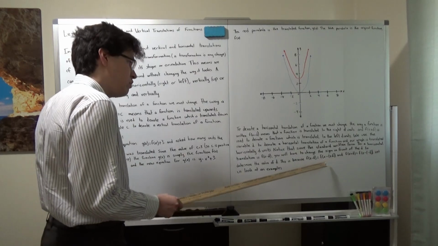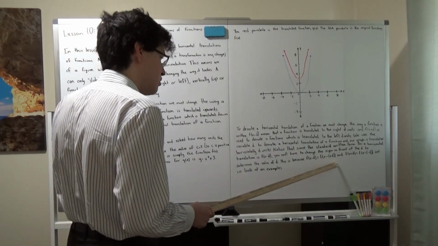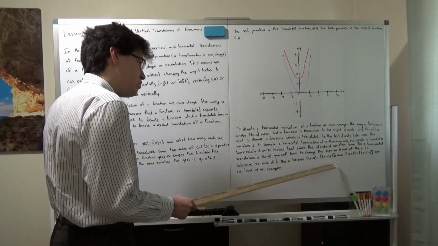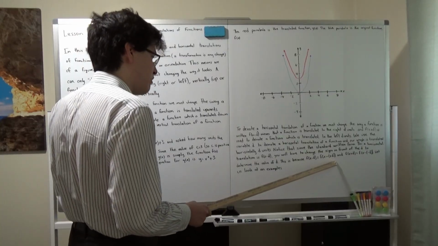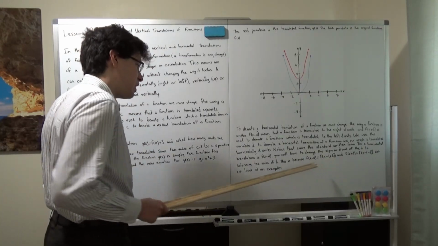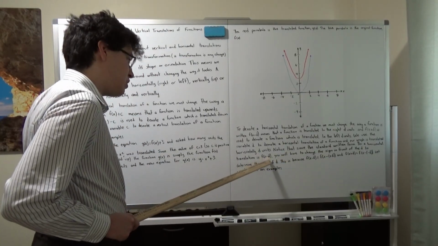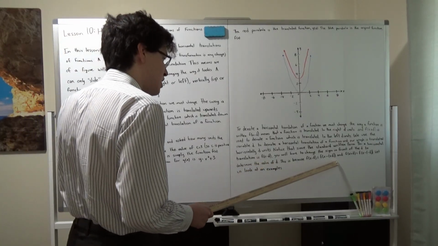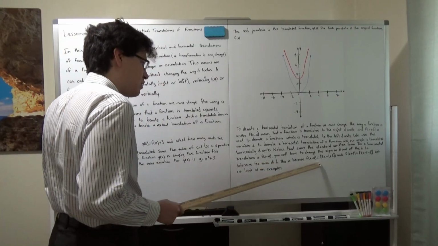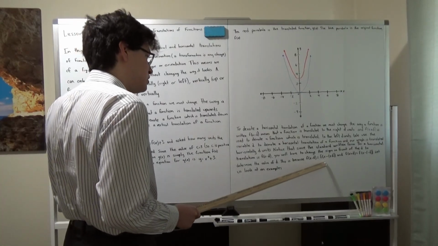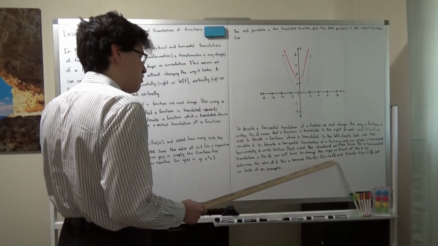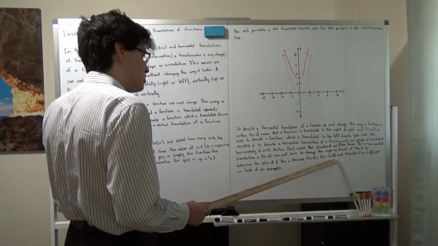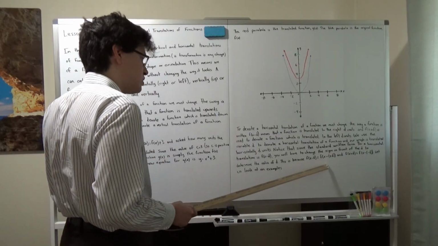Here f of x minus d is equal to f of x minus positive d, and the function is translated to the right d units.